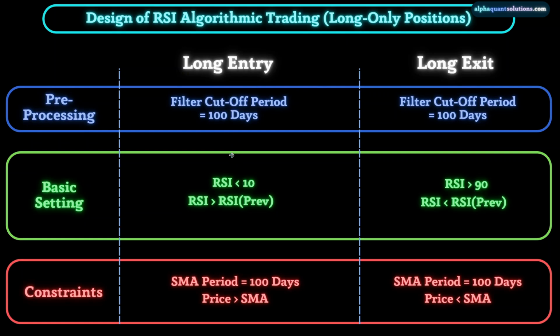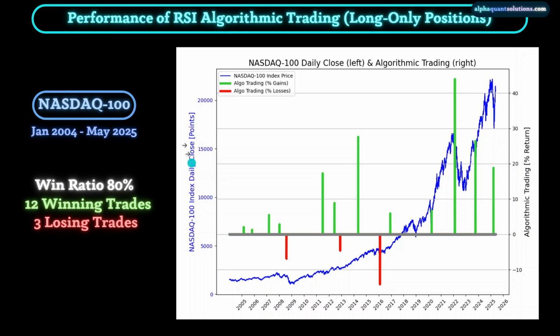And if we apply this algorithmic trading to a few assets, for instance to the Nasdaq 100 over a more than 20 years time period, we were able to achieve a win ratio of 80% in this case.